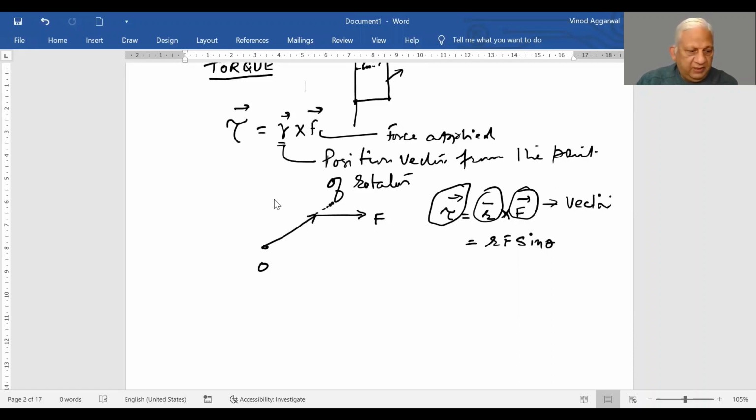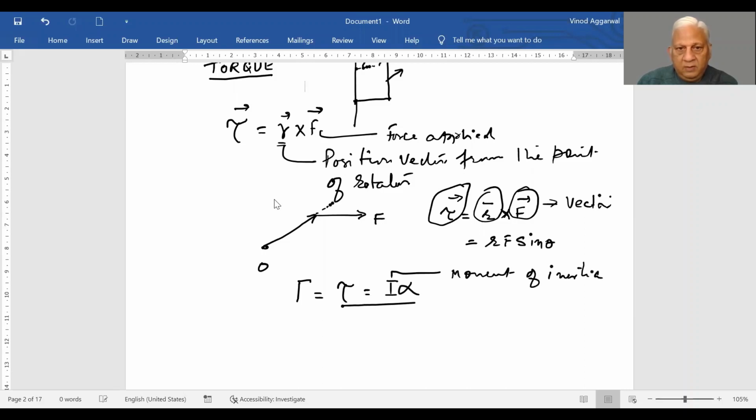Torque is also defined symbolically. There is another expression for torque: tau is equal to I alpha. This is another expression of torque, tau, and this I is moment of inertia, and this is angular acceleration. You have to be careful.